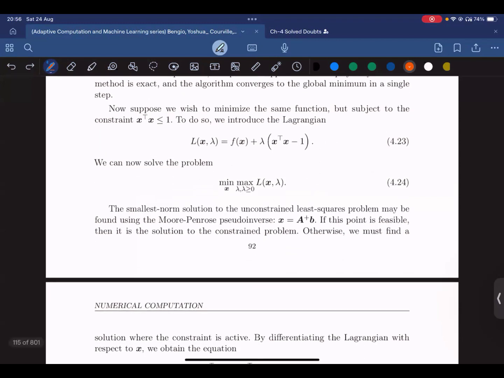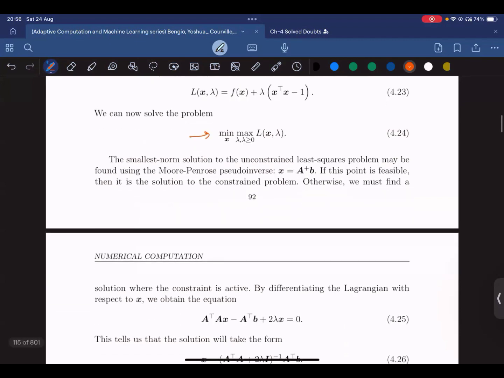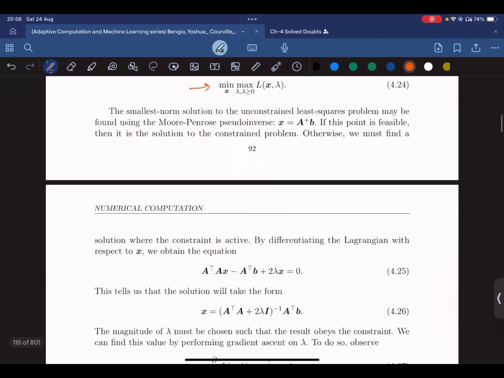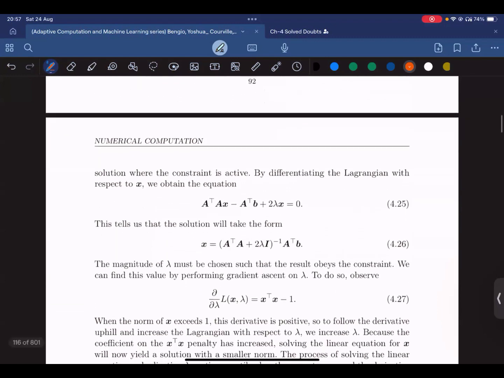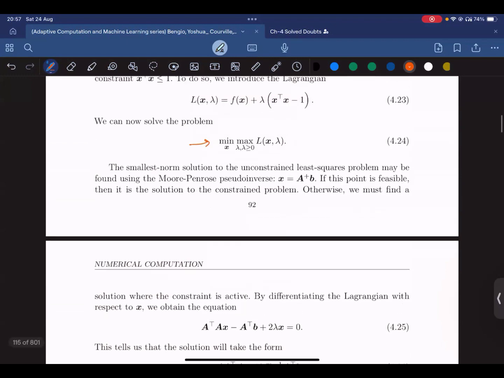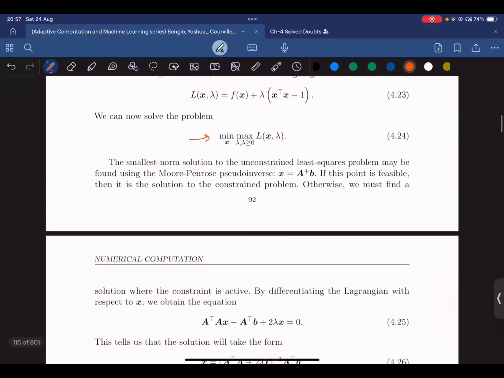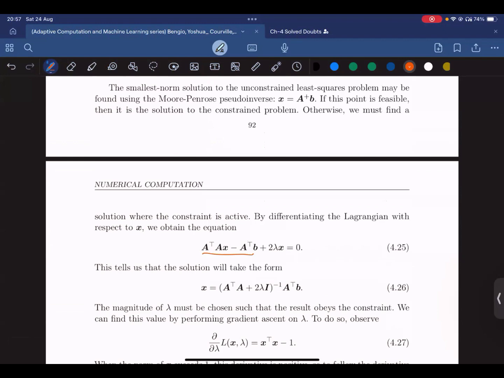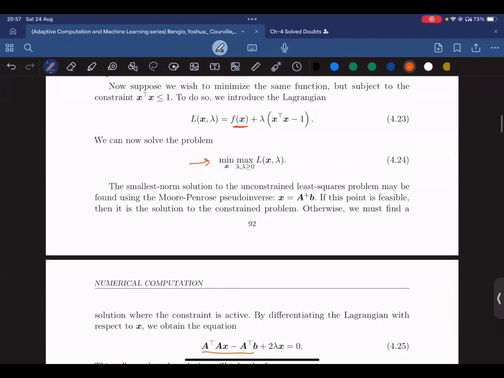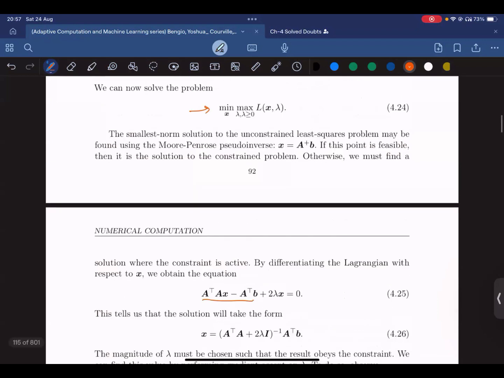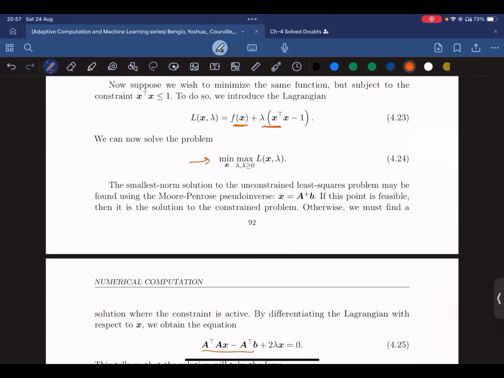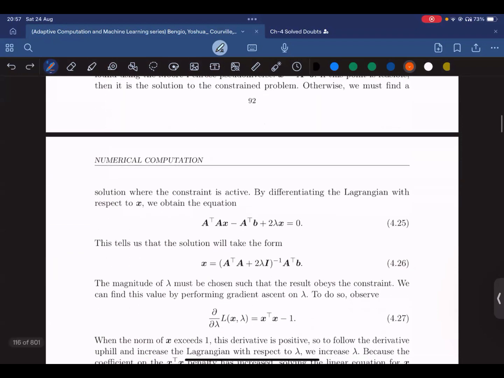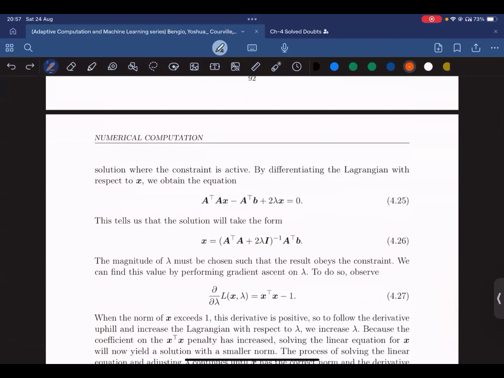So we can obtain this min max value. The Lagrangian differentiation is, again, the differentiation we got earlier of f of x, and 2 lambda x comes from differentiating this term. If we set it to 0, we get x equals this.